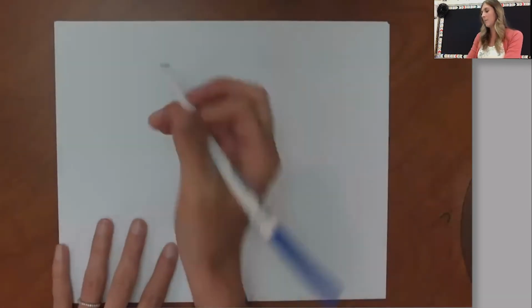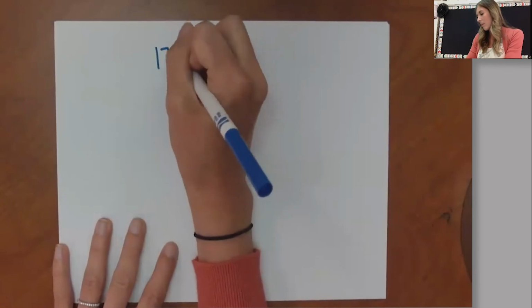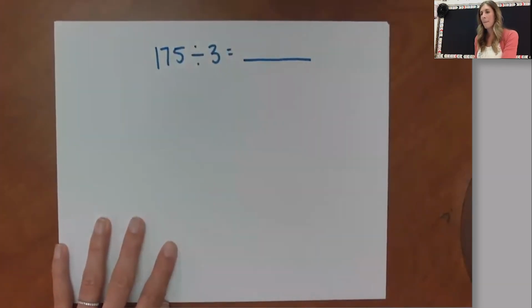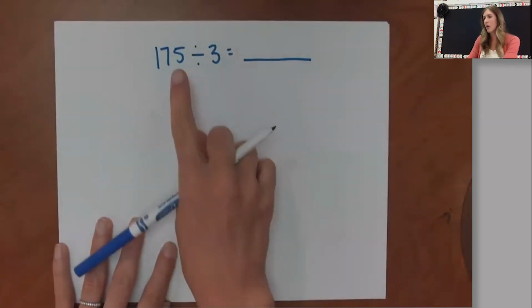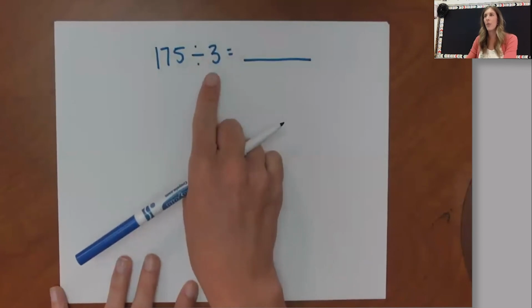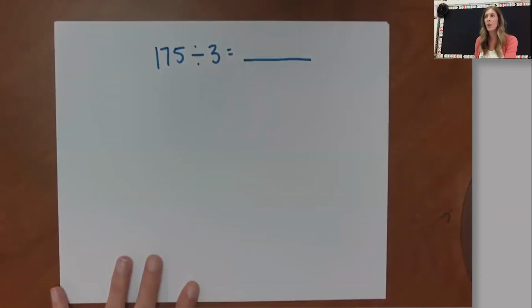So let's think about that. 175 divided by 3. What compatible numbers are close to 175 that will divide easily by 3? I heard 150 and 180.